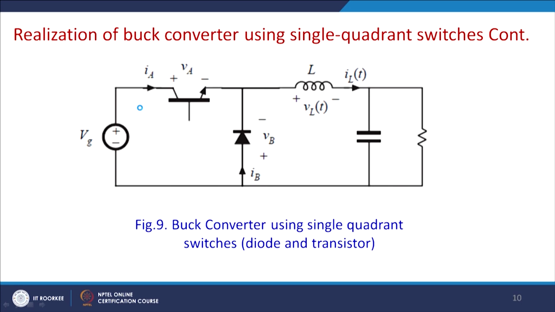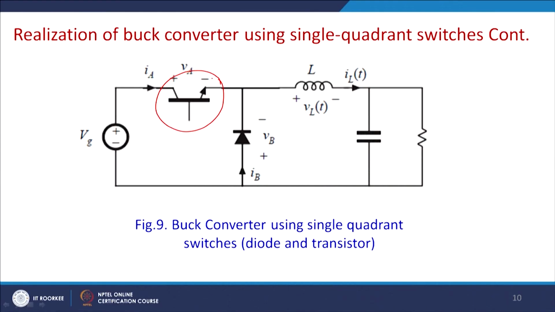Now, this is the practical realization of the DC to DC converter, where this is a controllable switch, and this SPST switch is realized by an IGBT or BJT. Here in this case we have put a BJT, but the problem with the BJT is its efficiency: we require a huge gate current to make it operate. For this reason, in most cases it will be replaced by an IGBT.